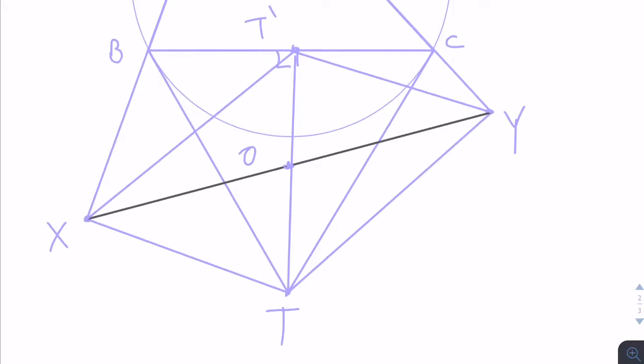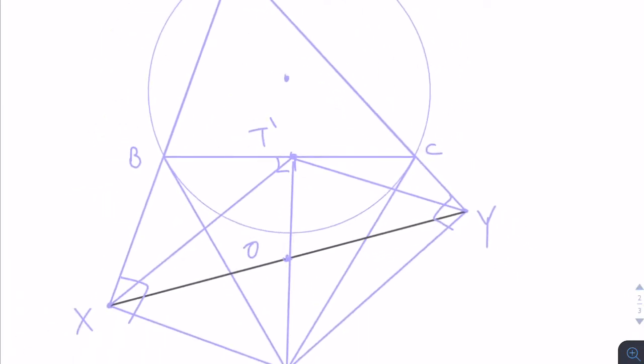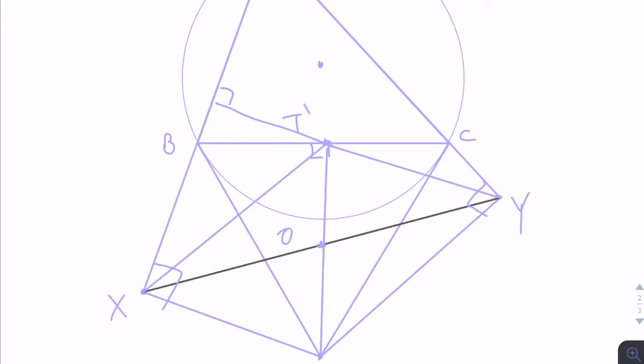So in this case, we know that TY is perpendicular to AY because of our definition of Y, and similarly we know that TX is perpendicular to AX by our definition of X. And so because T prime YTX is a parallelogram, then all we have to do is prove that XT prime is perpendicular to AY, and similarly YT prime is perpendicular to AX.